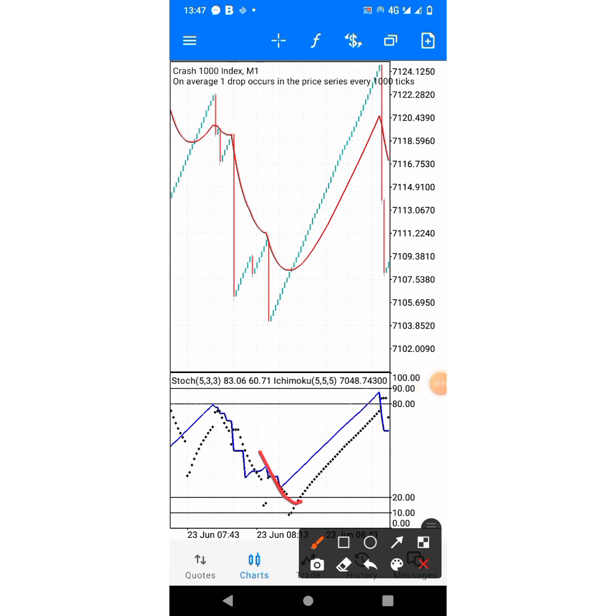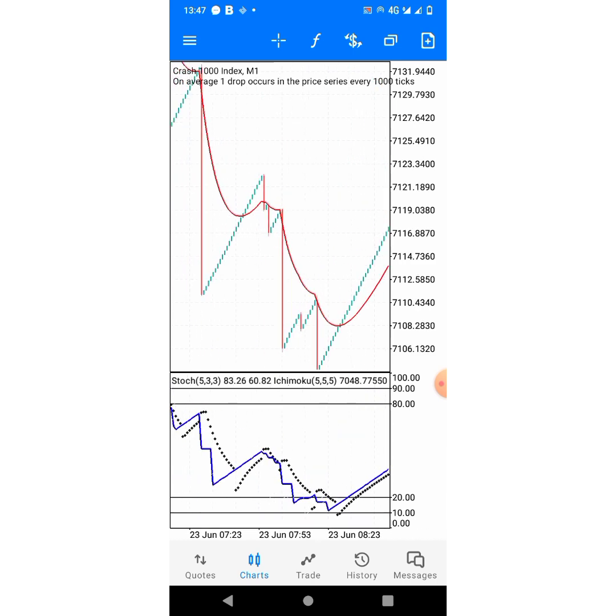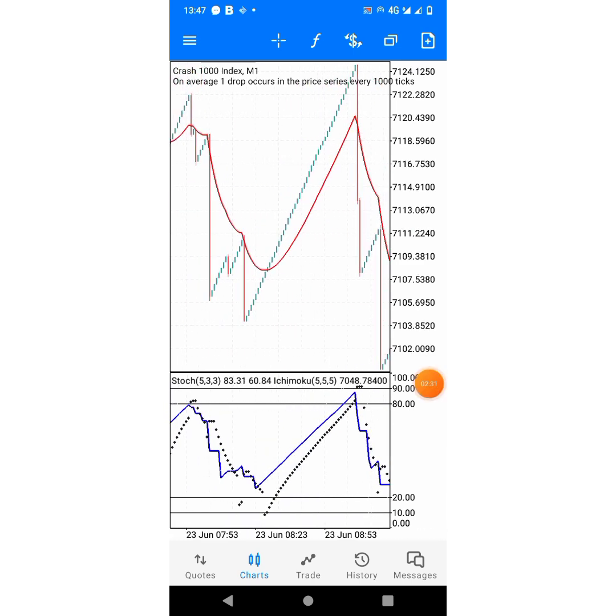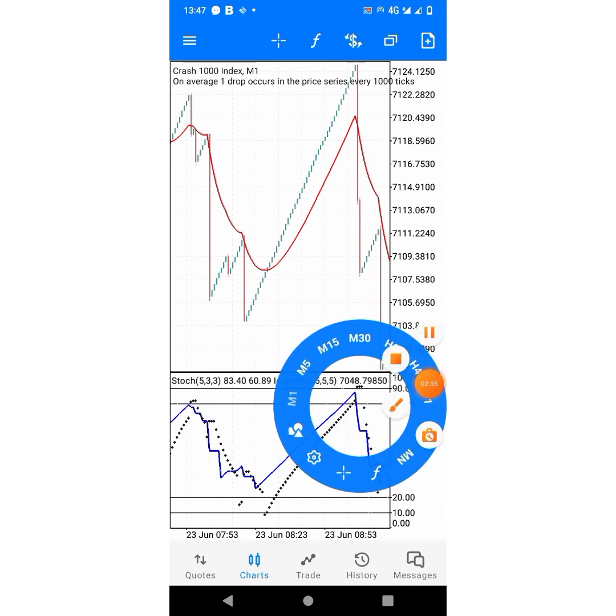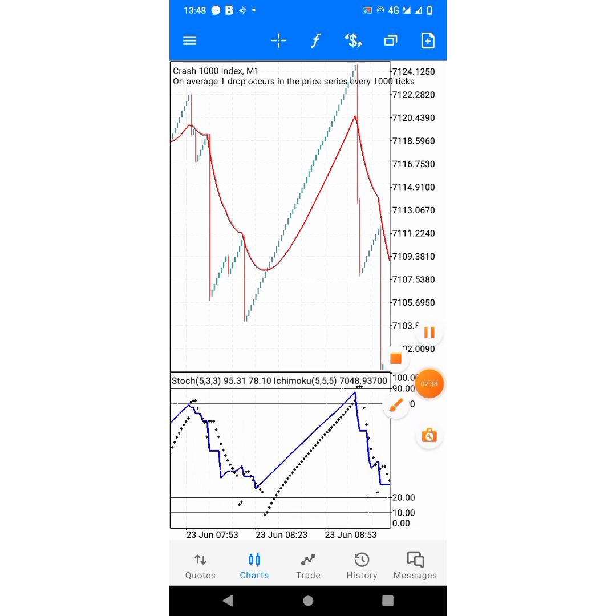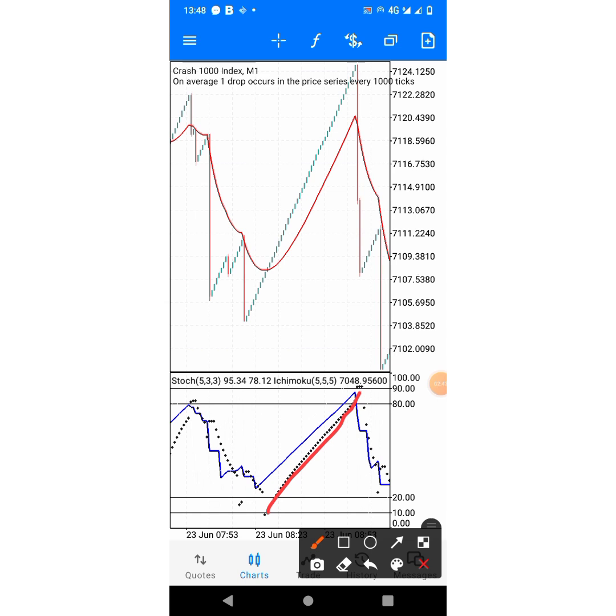When the parabolic SAR shifts from its initial direction and starts trading below the Ichimoku, like you can see here on the screen, that means you are ready to buy. And on the main indicator window, once the candles are above the moving average, you can enter, guys.